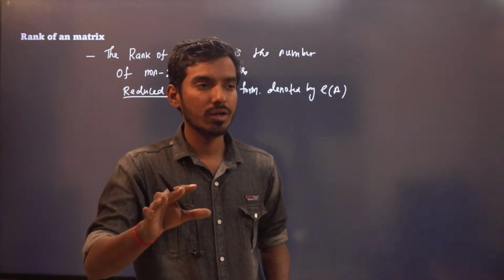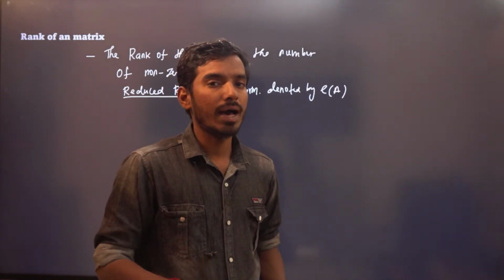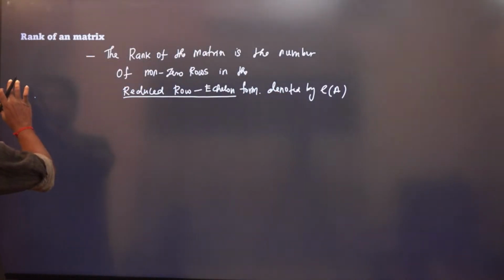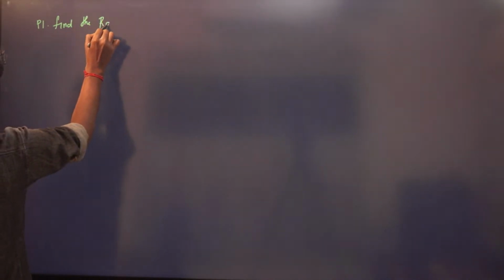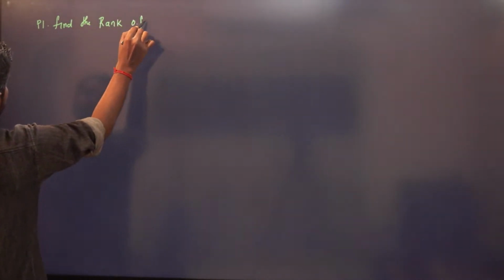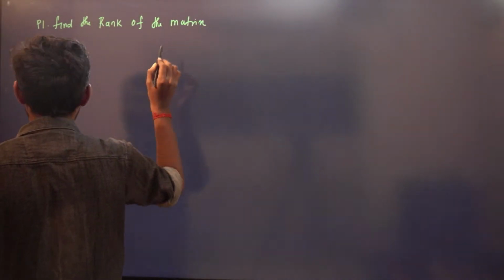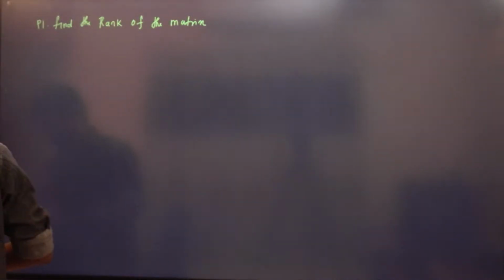Now I'm not going to write down the definition. I'll take one problem and then explain how to reduce the matrix to row echelon form. So the first problem is: find the rank of a matrix. These are 12th standard level concepts.